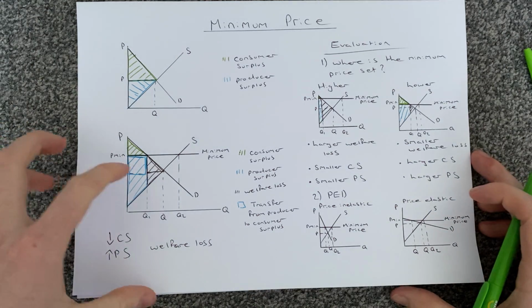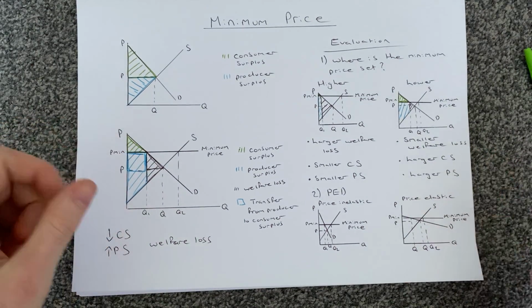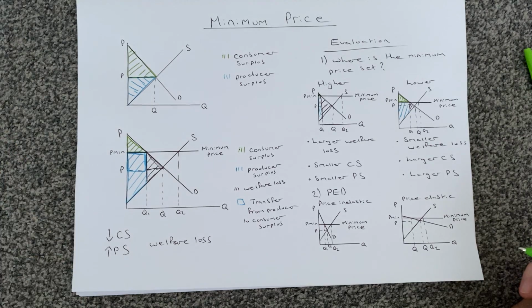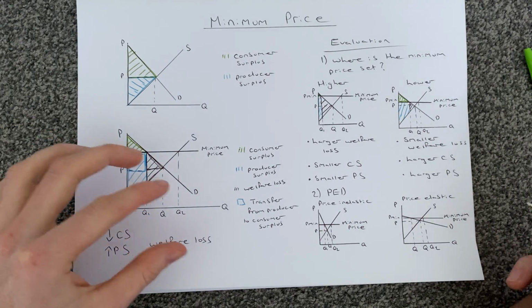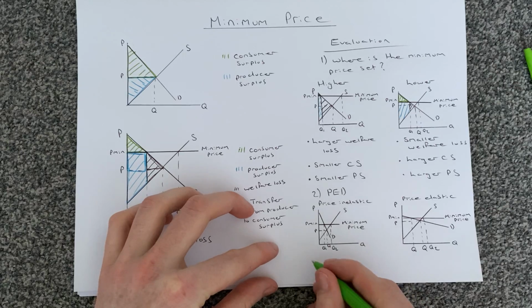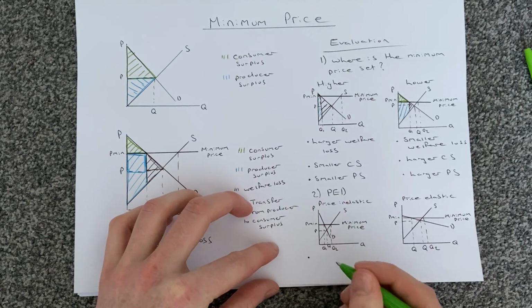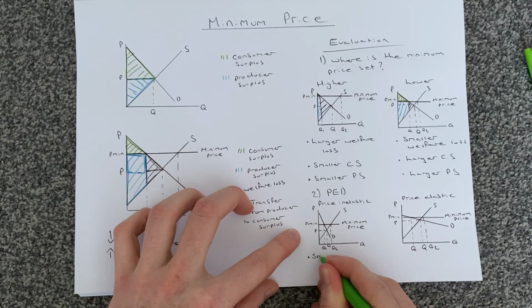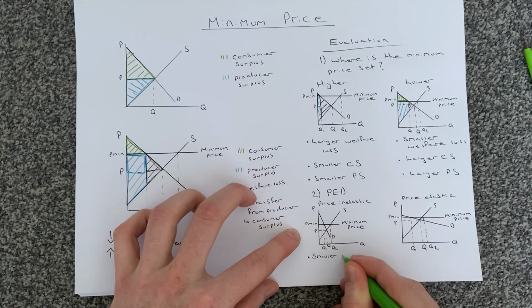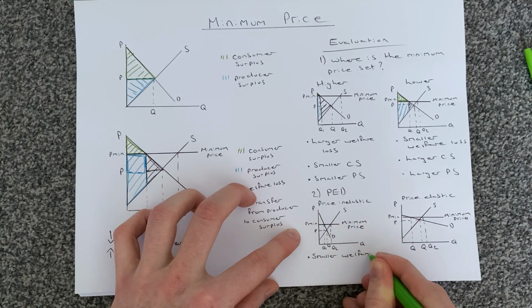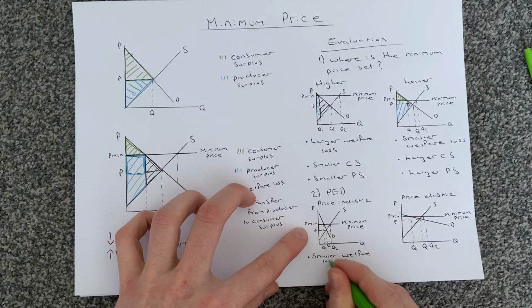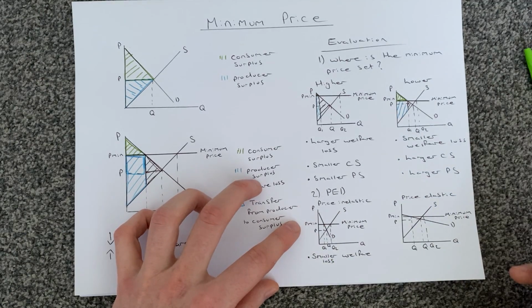With regards to the PD, if the PD of our product is price inelastic, then we will see a smaller welfare loss. So if it's price inelastic, we'll see a smaller welfare loss in comparison to if it is price elastic.